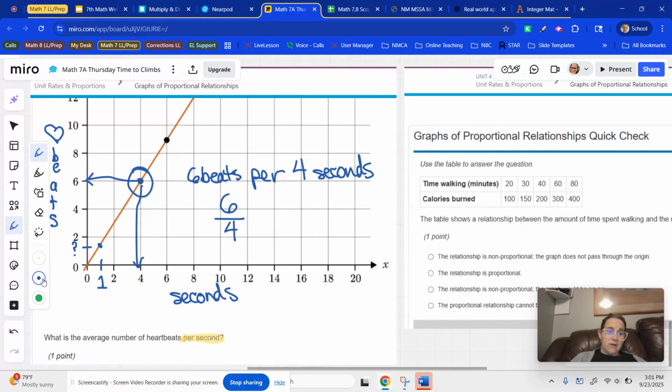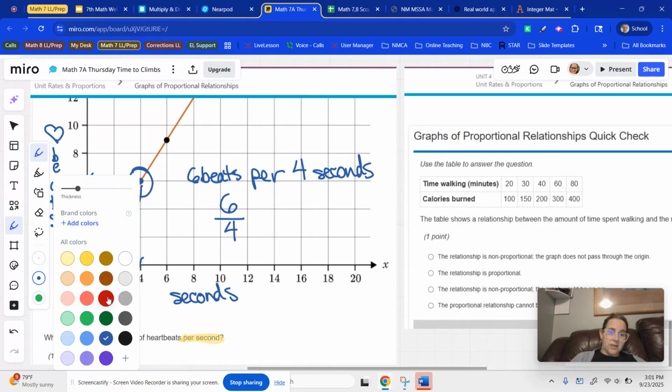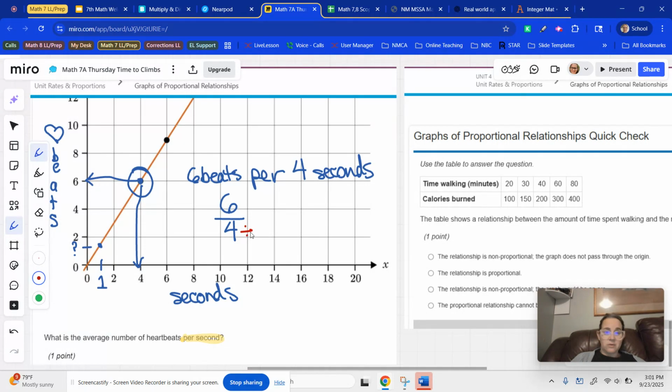To find the unit rate, I'm going to do what I did in my lessons a few days ago. I'm going to divide by the denominator. 6 divided by 4 you could do in a calculator. I'm just going to do it here long division style, just to slow things down a little bit, to make sure you're understanding what I'm doing. While I'm doing this, your brain can be trying to remember, what's a unit rate?